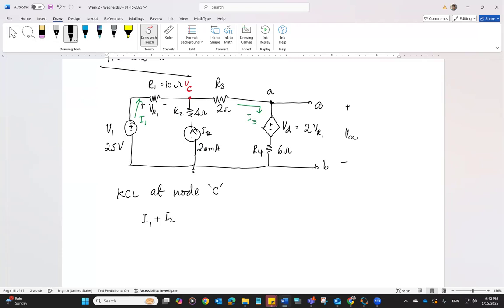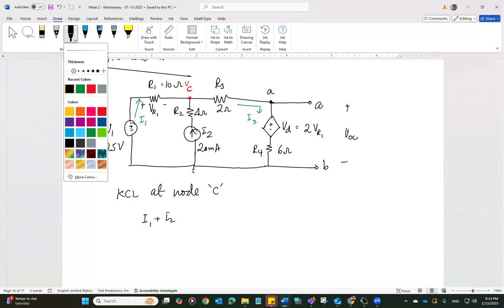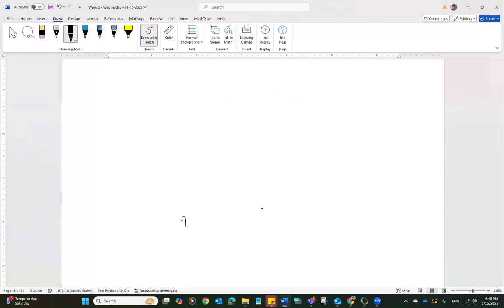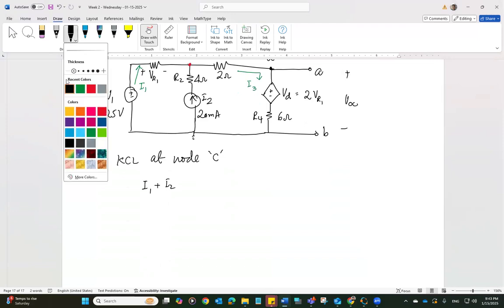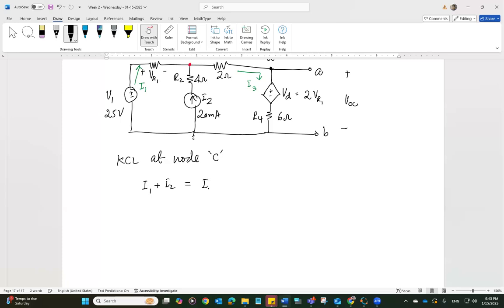I made it worse, so let me clean it up a little. Source I2. And these two currents are equal to the current that is going away from the node, which is I3.